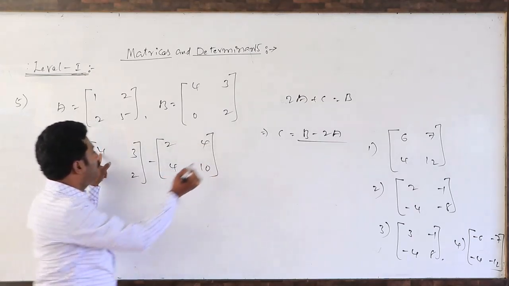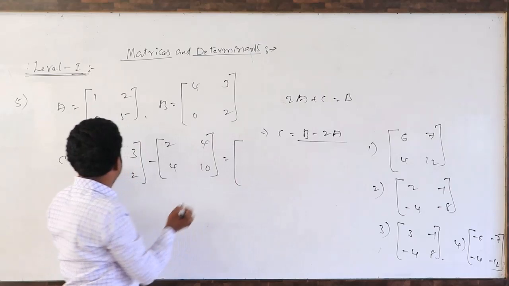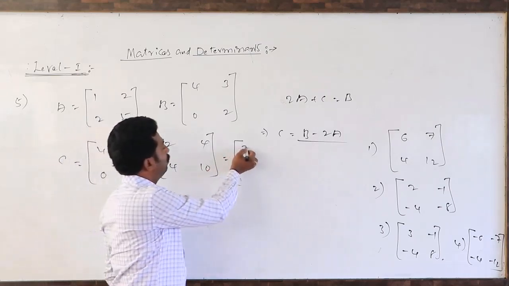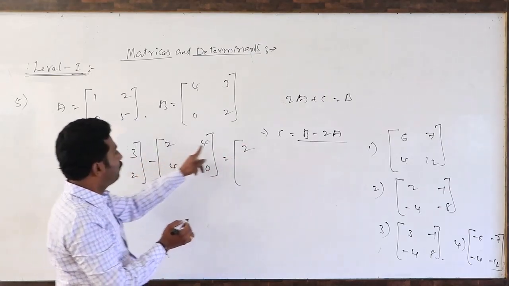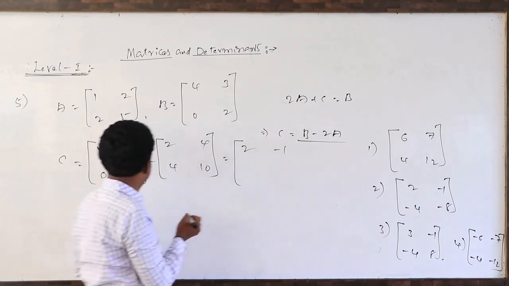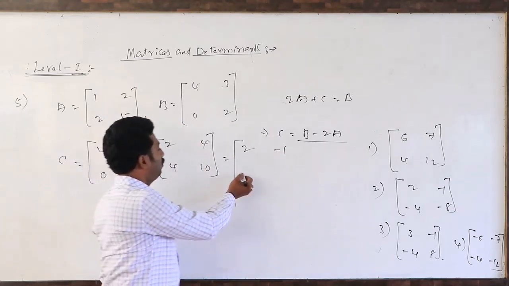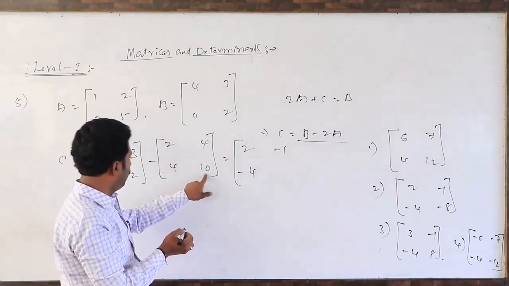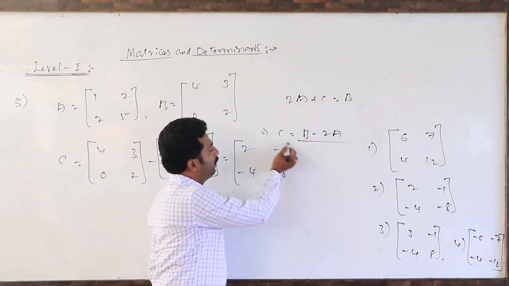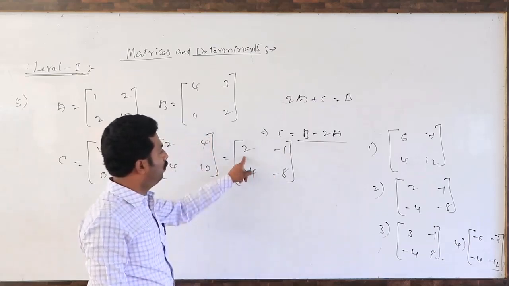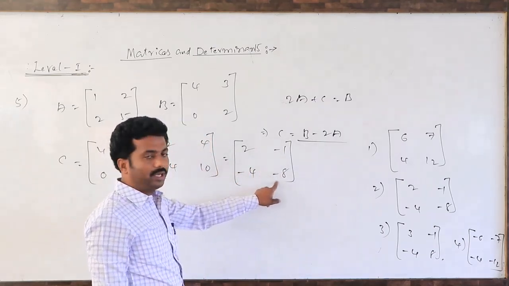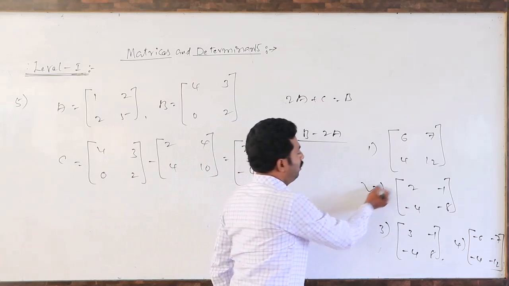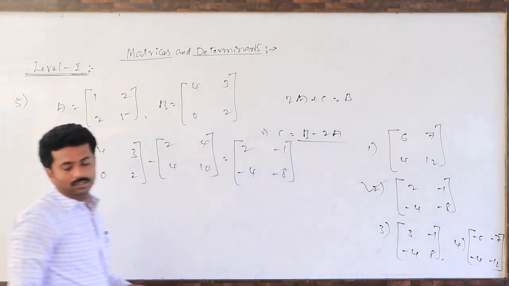So finally how much we got? Here 4 minus 2 is 2, 3 minus 4 is minus 1, 0 minus 4 is minus 4, 2 minus 10 is minus 8. So which option is correct? 2 minus 1 minus 4 minus 8. So clearly we can give the second option as the answer.